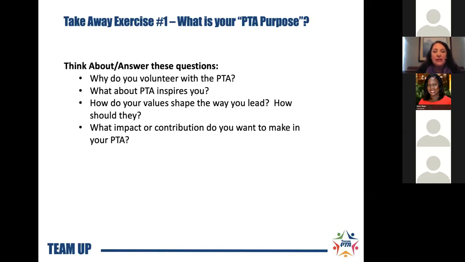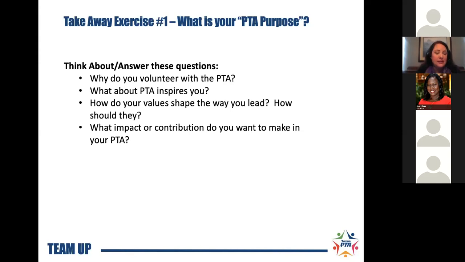When you're completing this exercise, really the point is to self-reflect and answer the following questions. Why do you volunteer with the PTA? What about PTA inspires you? How do your values shape the way that you lead? How should they? And what impact or contribution do you want to make in your PTA?